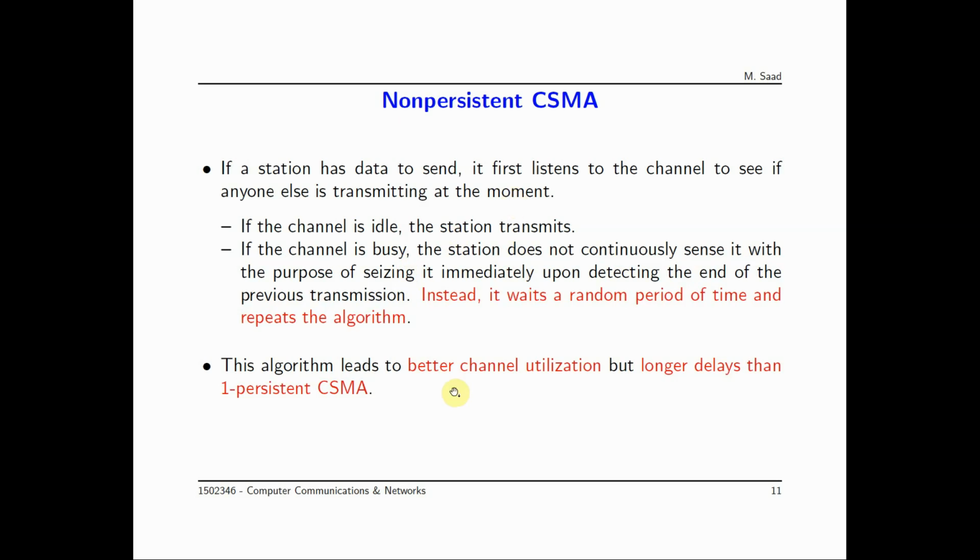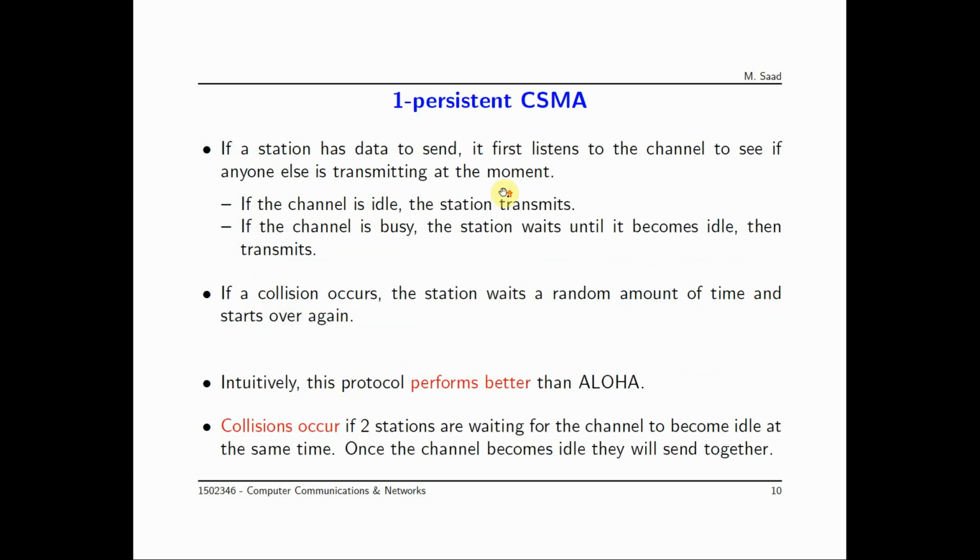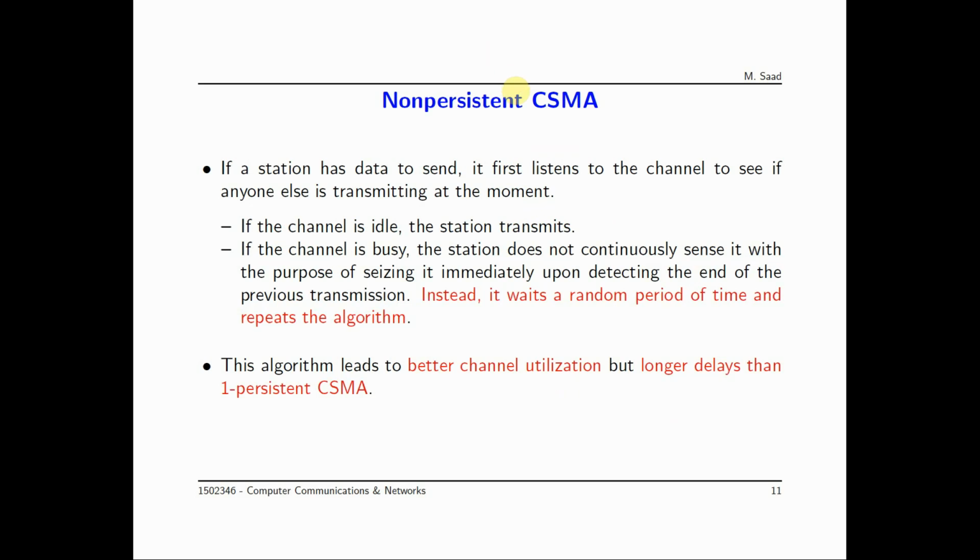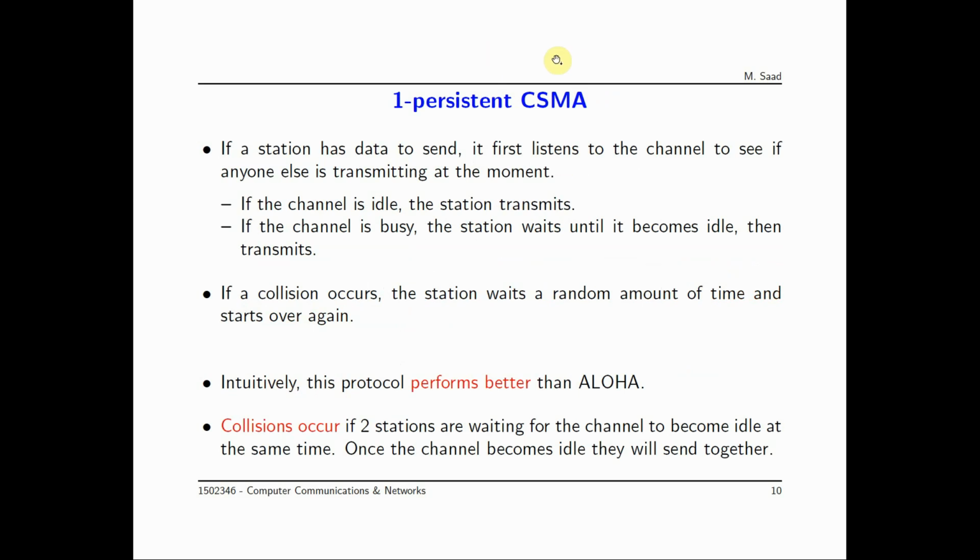Now, since we have a class of collisions avoided due to non-persistent CSMA in comparison to one-persistent CSMA, since we have fewer collisions, we're also expecting better channel utilization. So the throughput in terms of the number of successfully delivered frames is expected to be higher in non-persistent CSMA as compared to one-persistent.